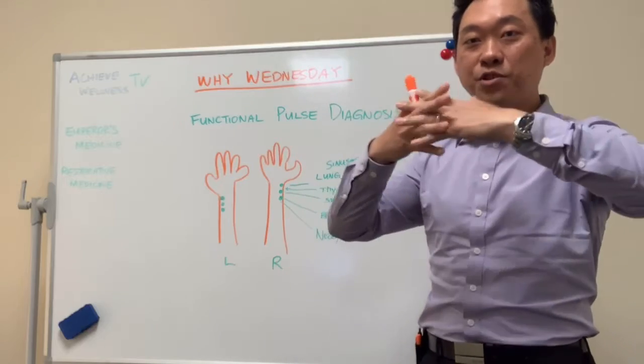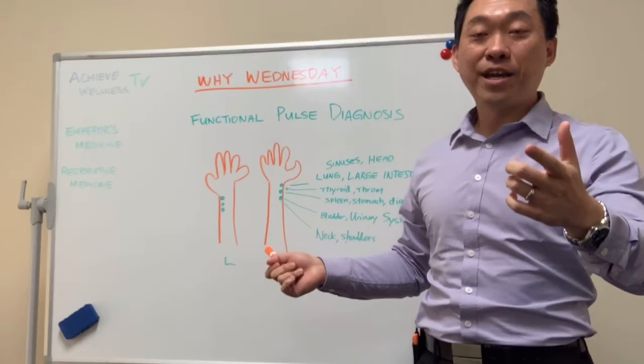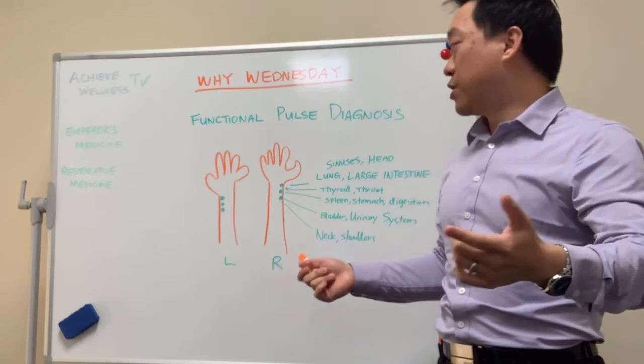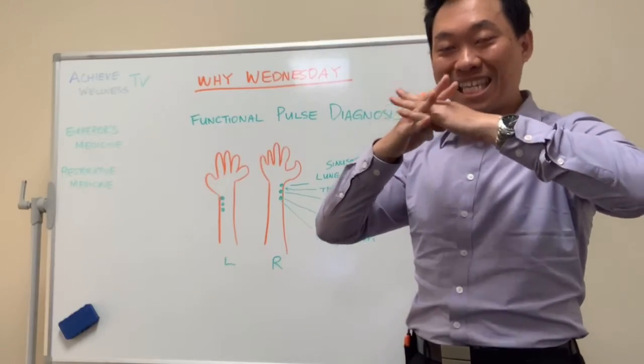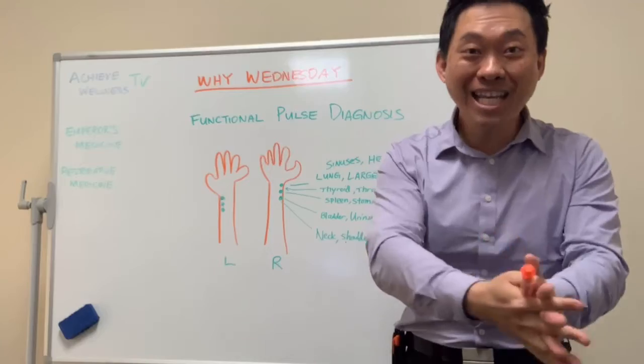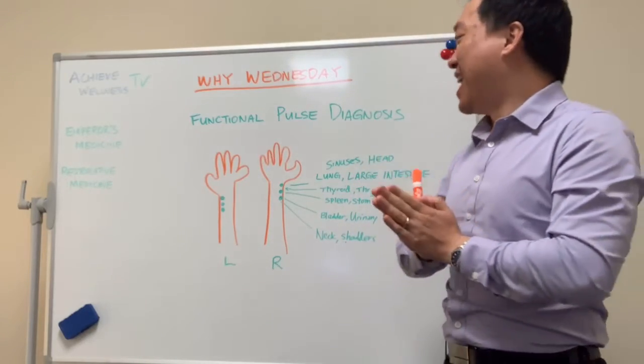So we combine those two technologies. This is a 3,000-year-old technology. Infrared technology is pretty recent. It's only about 100 years. And so we combine two of these technologies together, we can get a more accurate assessment as to what's going on in your body and what's preventing your body from healing itself, okay?